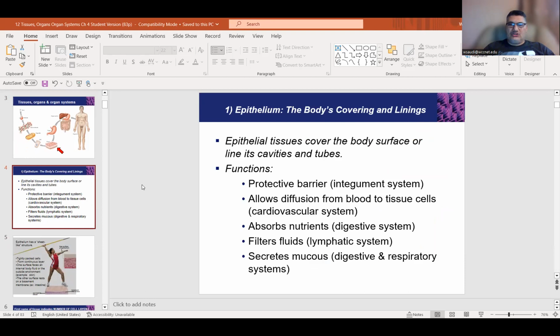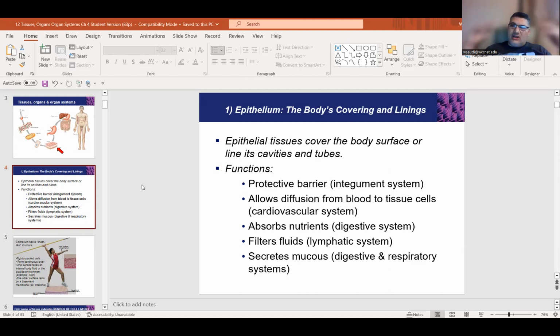We call that tissues. The first type of tissues is epithelial tissues. Epithelial means covering or lining, like sheets. This is the translation. It's a covering or lining. Since it is covering or lining, what's the difference between those two?